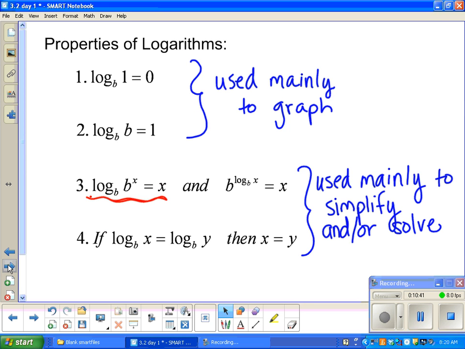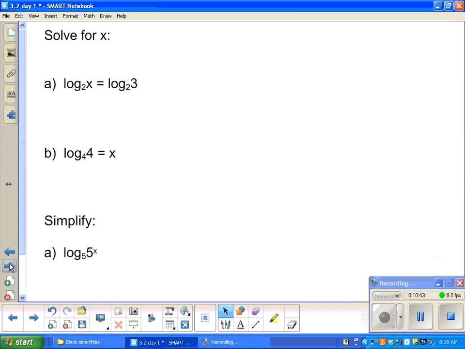So let's look at some beginning solves. All right. Do my logs have matching bases? Yes, they do. So what does this x have to equal? X is going to equal 3. Matching bases on both sides, therefore they have to have the same log.